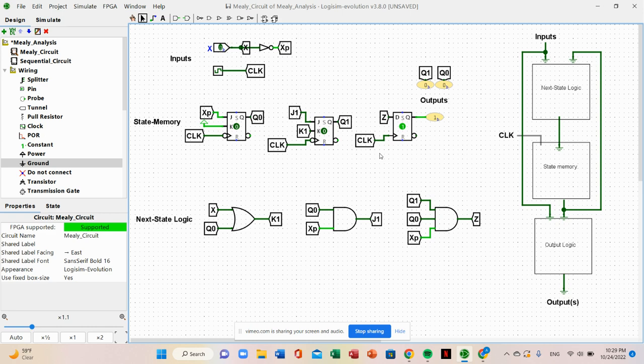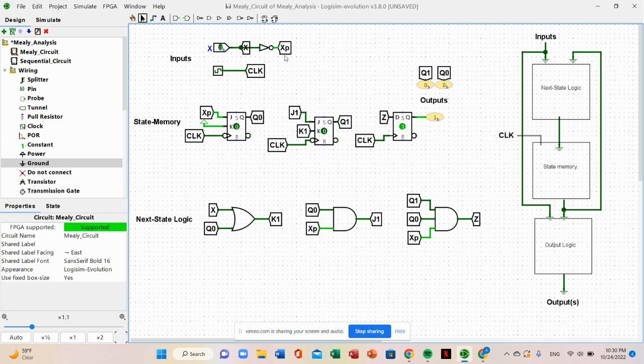And the thing that made building this circuit a lot easier are these tunnels right here, which act like wires in that they bind points together. So it's basically like if these were connected.